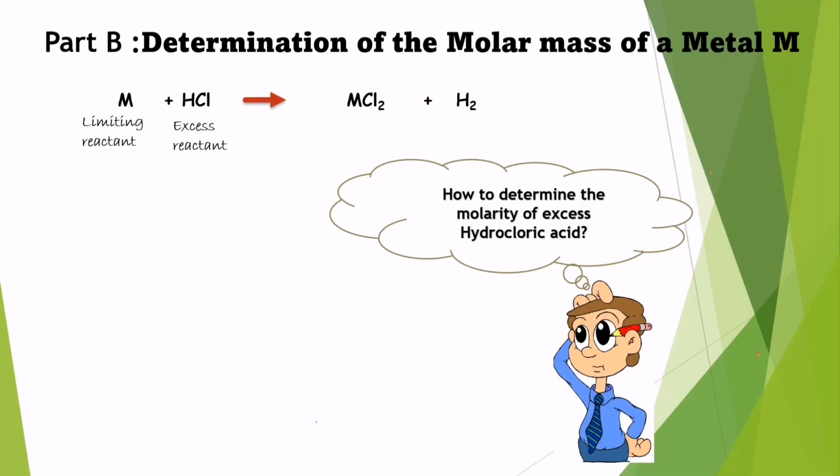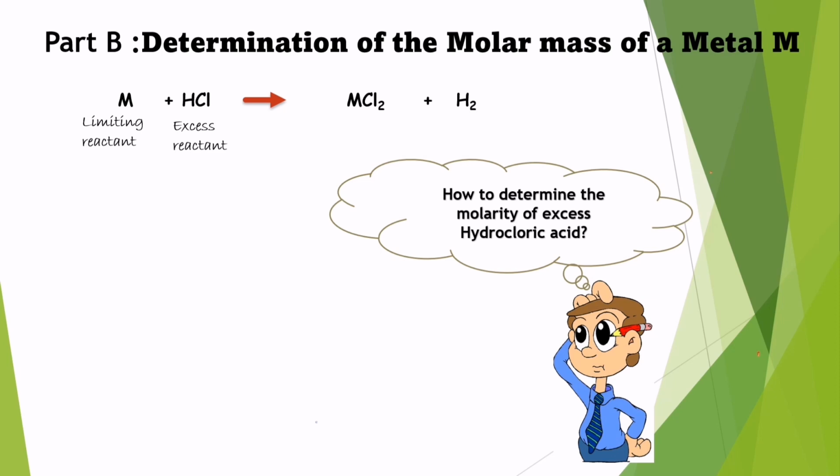The equation involved in the reaction is metal M reacts with HCl to produce MCl2 and hydrogen gas. Metal M is the limiting reactant because all the metal M dissolves in the reaction, and HCl will be the excess reactant.